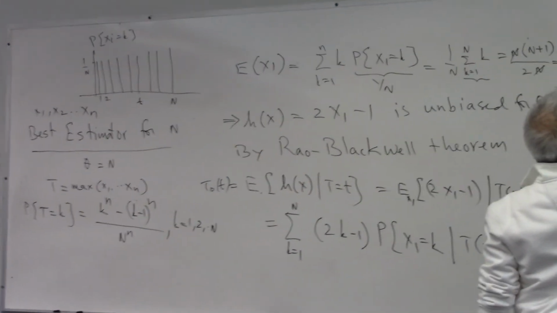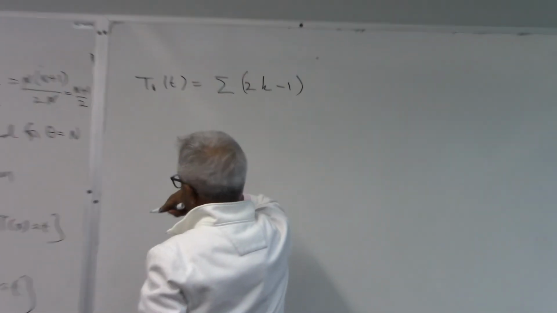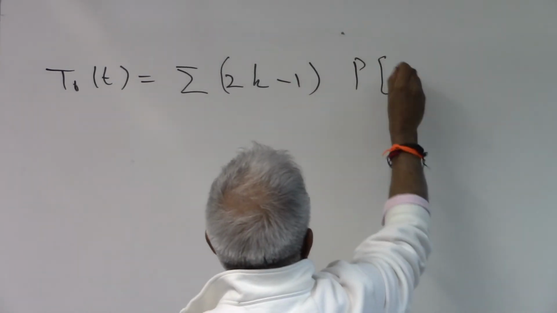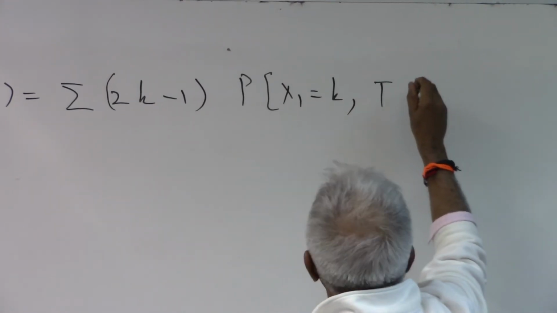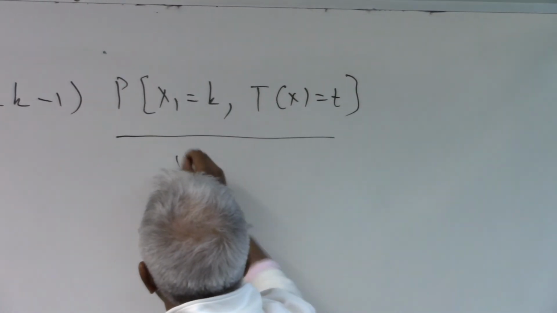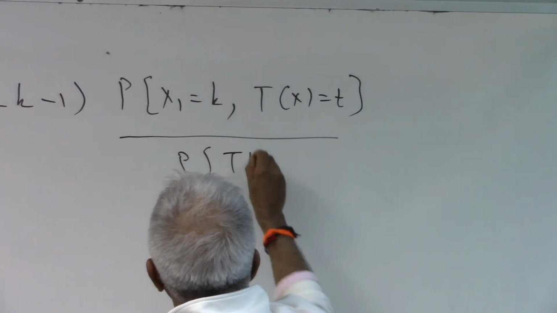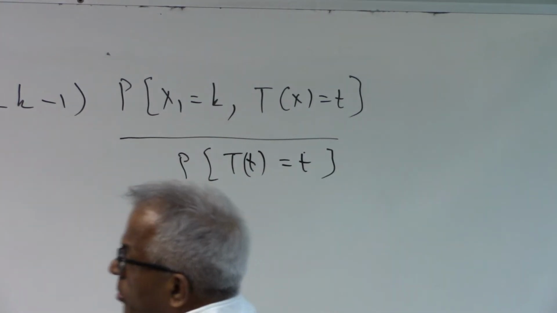So t naught will turn out to be a summation. This is the probability of x1 equal to k and Tx equal to t, divided by the probability of Tx equal to t. The denominator, we have it here.